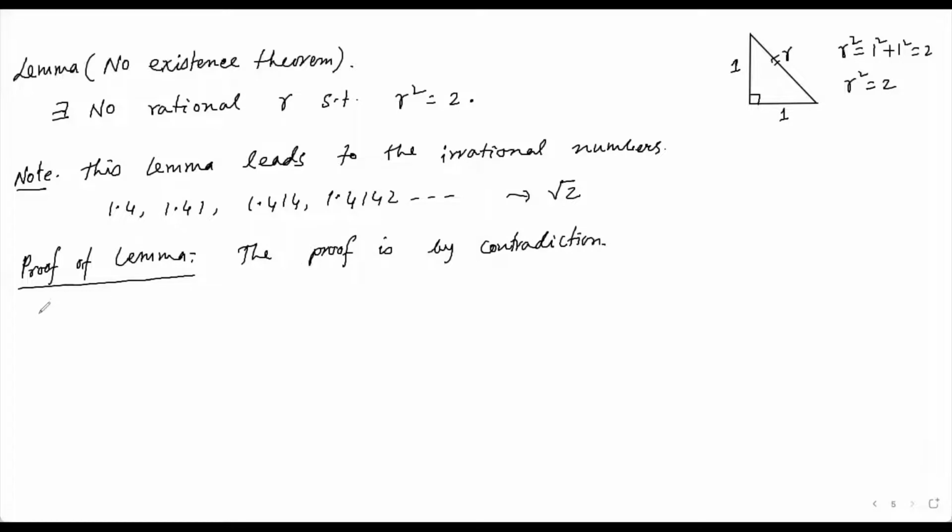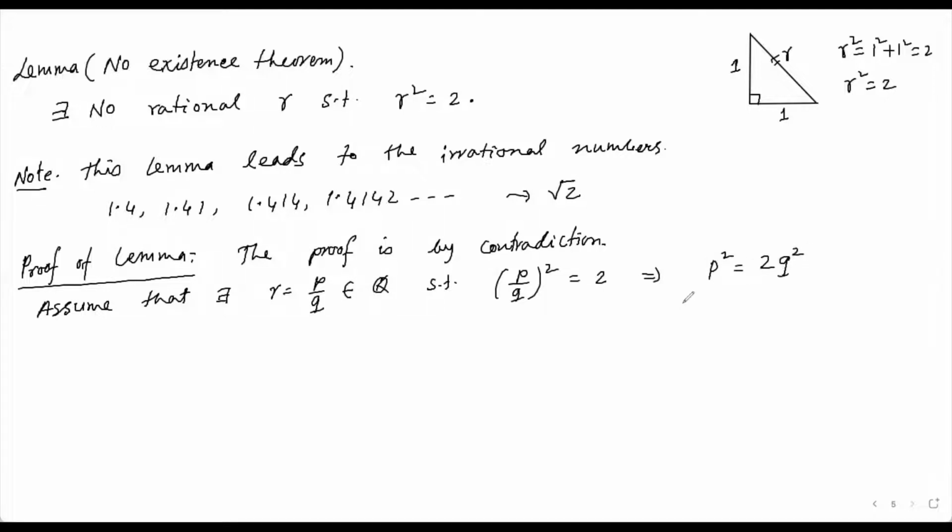So assume that there exists a rational number r equal to p over q, belonging to the set of rationals, such that r square equals 2, that is (p over q) square equals 2, and this implies p square equals 2 times q square.